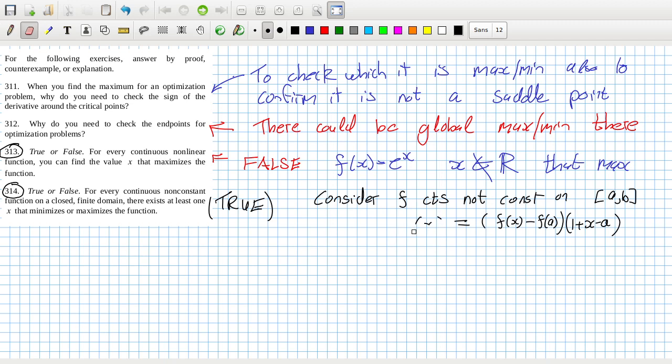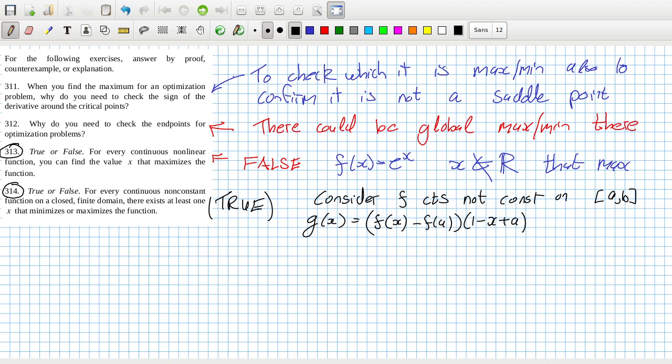Just out of space already. g(x) equals f(x) minus f(a) times 1 minus x plus a.